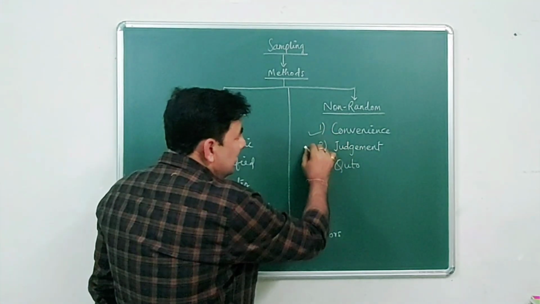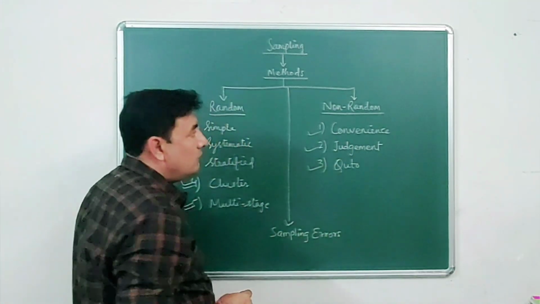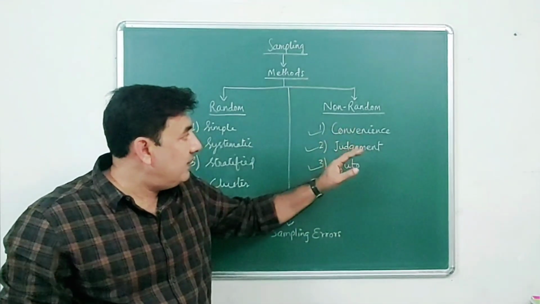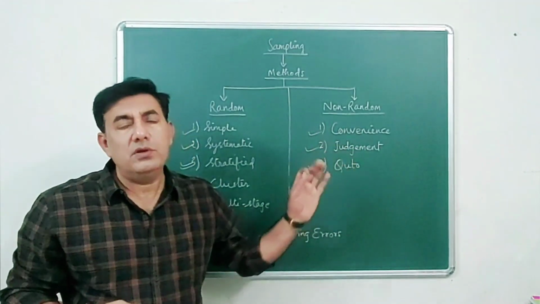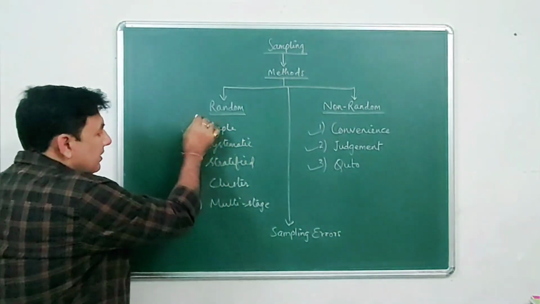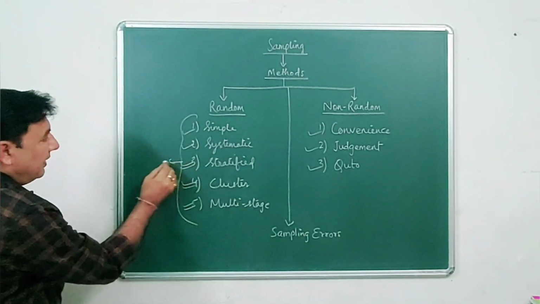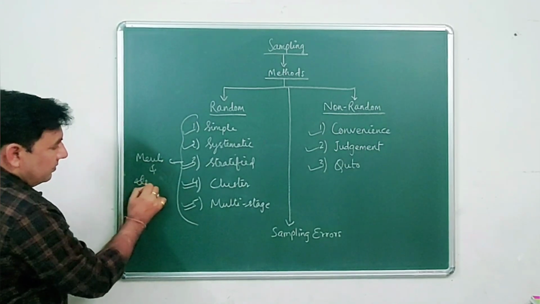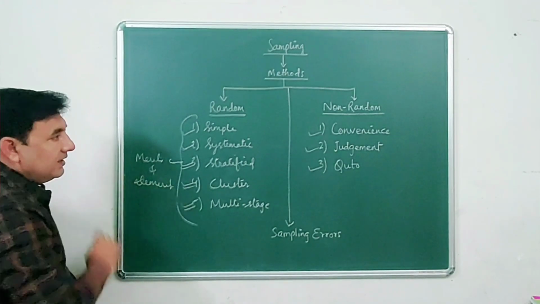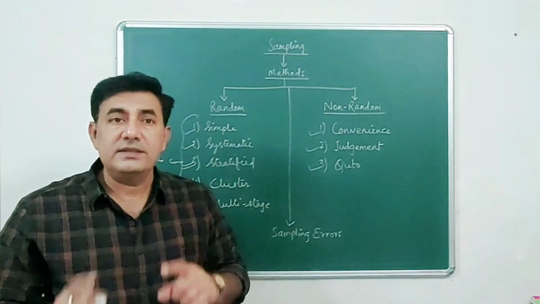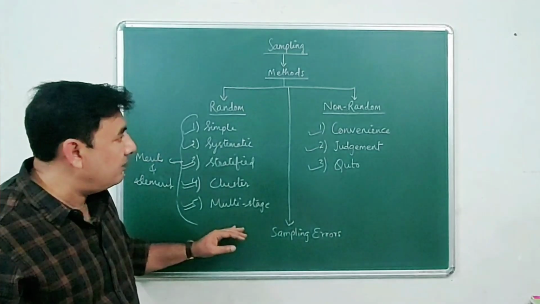First convenience, second judgment, third quota. तो ये 3 टाइप की non-random sampling है and इनको बिल्कुल अच्छे से आपको करके जाना है. One thing more that all these have merits and demerits. तो इसको मिस नहीं करना है. इसके मीनिंग, इसके फ्लो चार्ट्स, इनके मेरिट्स, डिमेरिट्स, तो ये सारी चीजें आपको पढ़नी है पक्के.